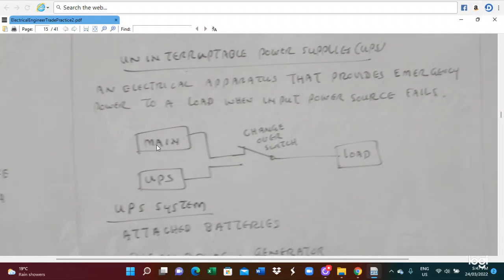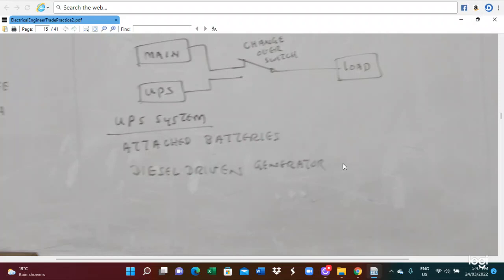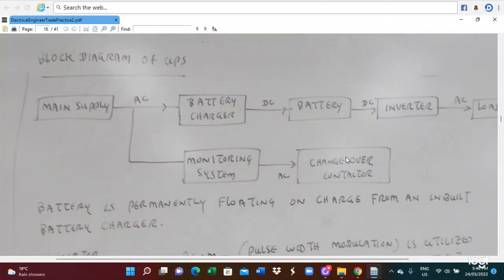So when the main power supply is off, the switch goes to the interactive power supply and it continues to supply the load. The UPS systems are attached to the battery, and also the diesel driven generator. So this is the block diagram of the interactive power supply.